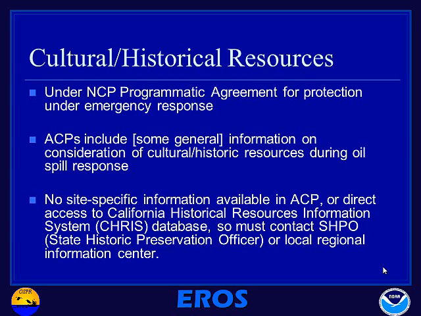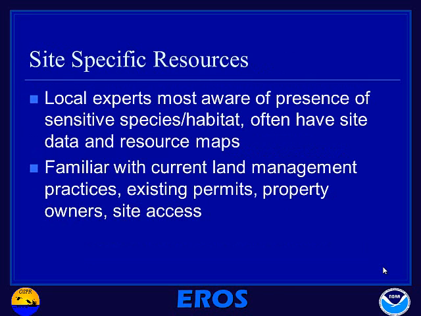So we have contacts in the ACP for the California Historical Resources Information System database, and those are held by the State Historic Preservation Officer. If you contact them and tell them the area that you think is going to be impacted, they can search their CRIS database and get back to you with the most sensitive areas.